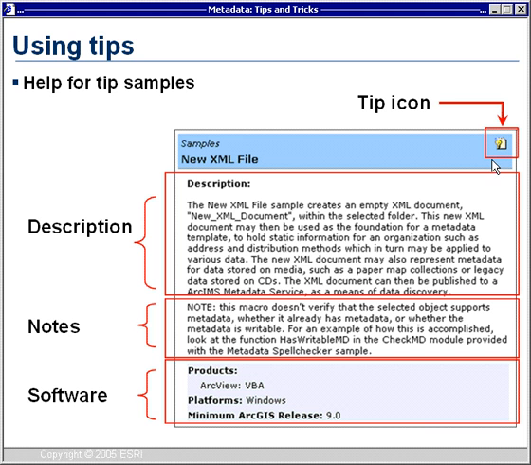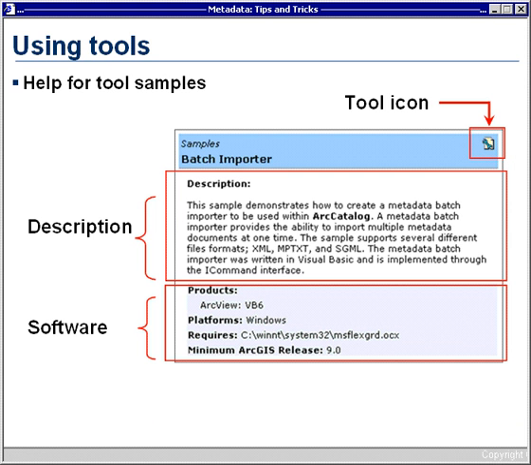In the upper right corner, you see the tip icon, so you can quickly identify this sample type. Now, as you see here for a tool, indicated by the tool icon, the format is the same as far as giving you information. Here's a description of what the sample does, as well as a list of required software. In this case, you'd need to double check and make sure that you have an extra file on disk.